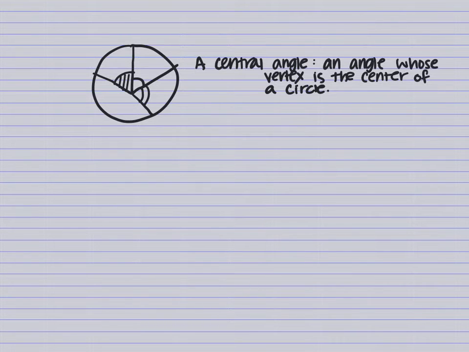The central angle is an angle whose vertex is the center of a circle. So in this case, all three of these different angles are going to be central angles because each has the center as its vertex. Now, my drawing isn't completely accurate, so it's kind of off-center, but let's just assume that it's from the center.